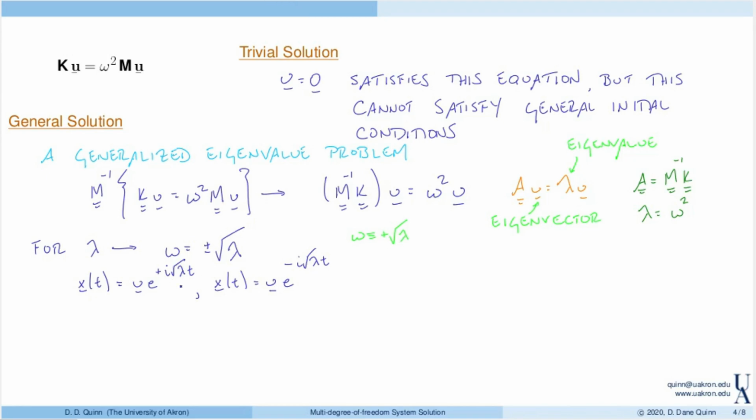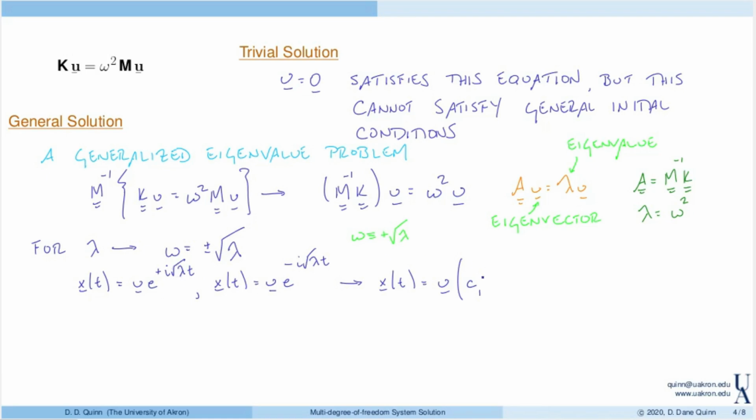Now, with these two solutions, it's a linear problem, so I can use superposition and combine these two things. In particular, I can say that x of t is u times, and I can also multiply by an arbitrary constant. Superposition says that I can add these two solutions together and multiply them by constant values.